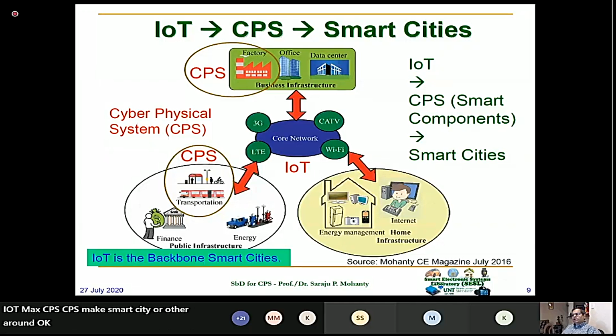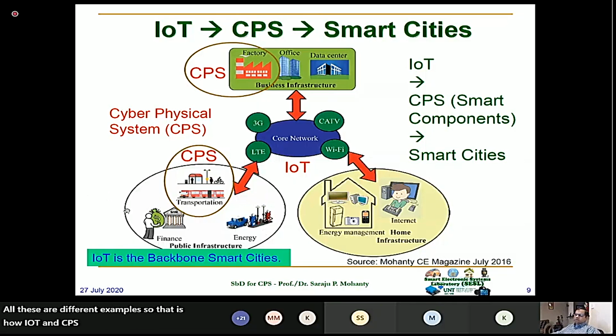Smart cities are made up of cyber physical systems, and each cyber physical system has a physical entity and a cyber entity, which is the IoT. We can visualize it that way. Examples of CPS are healthcare CPS, agriculture CPS, energy CPS, and transportation CPS. All these are different examples. That is how IoT and CPS are related.